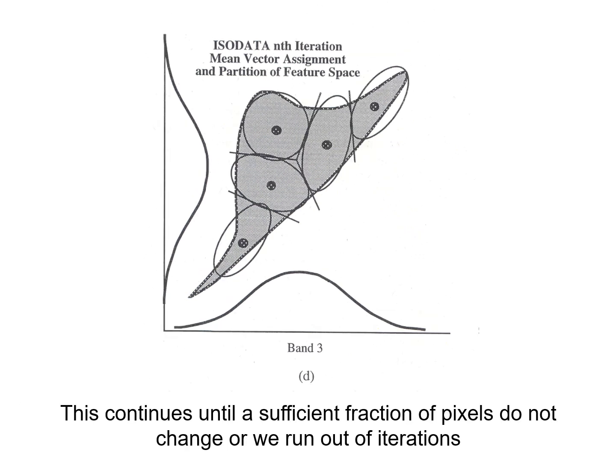And once you get to the point where you've met your criteria for the fraction of pixels that are not changing, or we run out of iterations that we've specified, we're just going to keep doing this, okay?